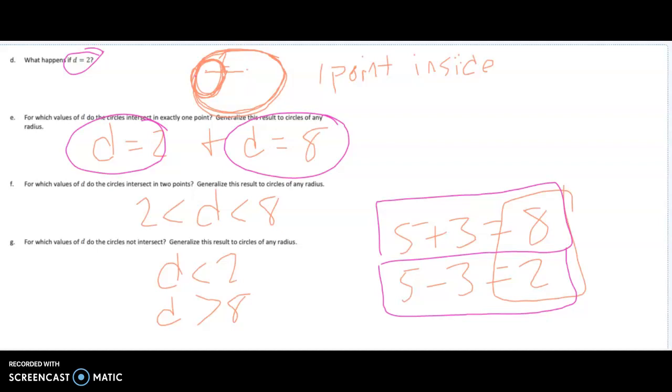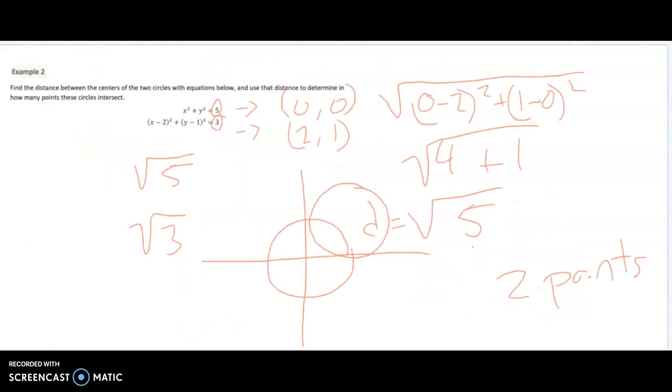Well, either when the distance between the centers is less than 2, or when it is greater than 8. Okay. Hopefully you're seeing that in your head and able to picture that.